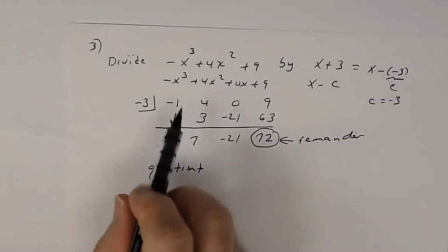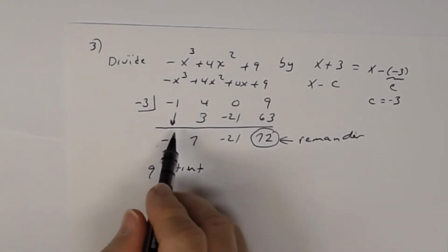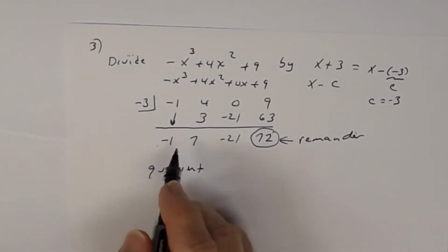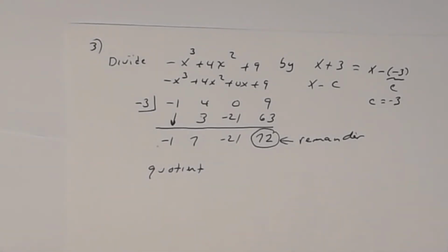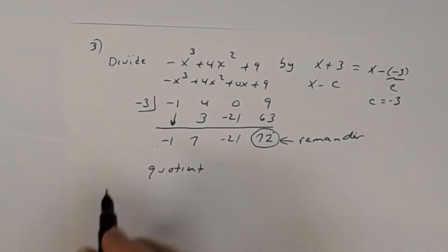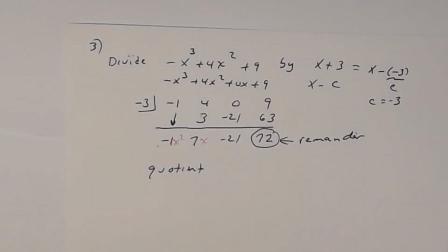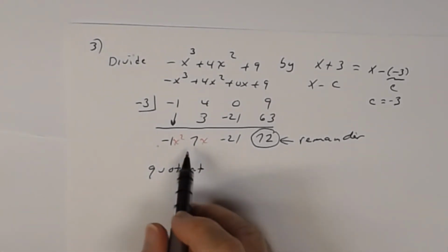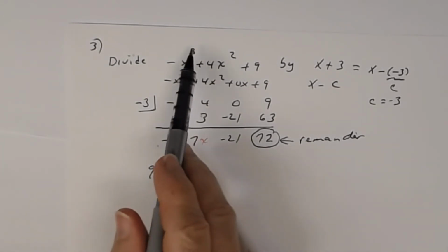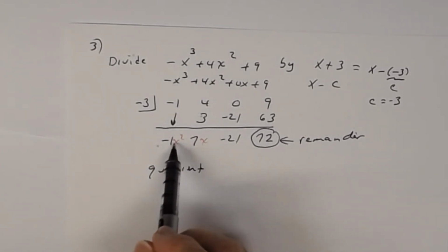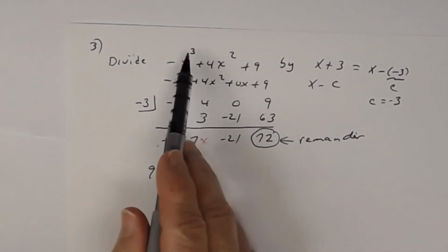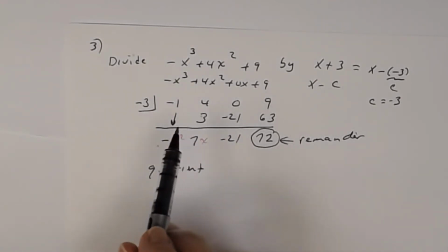And remember, this is x cubed, so this is now going to be negative 1x squared. Okay, so remember, if you need to, then put x squared here and put x here. Okay? Remember, the degree here is always 1 less than the degree here when you use synthetic division.